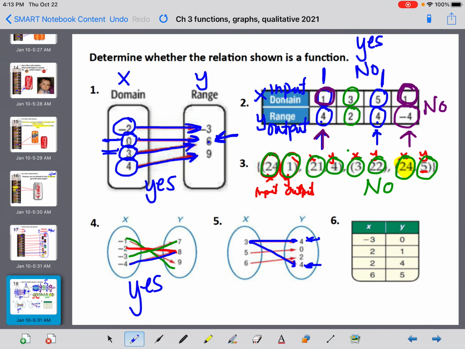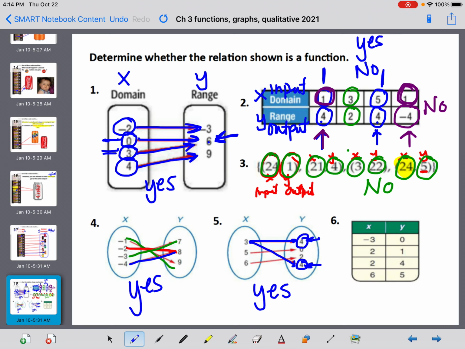Would that still qualify as a function? Yes, it would, because those were the same outputs every time. Normally in a domain and range map, we don't double up on number copies. We would just draw our arrows, right? But this one is just trying to illustrate a point.